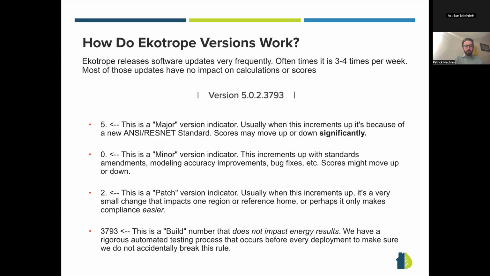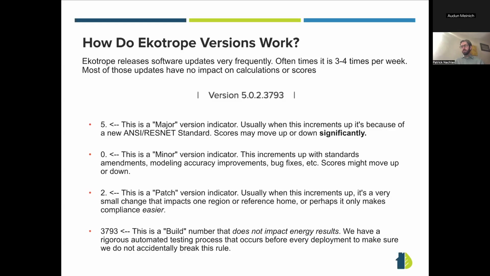For instance, when we went from version 5.0 to 5.1, that was us supporting ANSI 301 addendum C and E, and it specifically impacted homes with CFIS systems as ventilation and other homes that either had exhaust only or no ventilation strategy and hit a certain infiltration rate that caused an adjusted infiltration for their HERS score. So those are both updates that were required by ResNet on a specific timeline. And that's why they were built and released in Ekotrope.